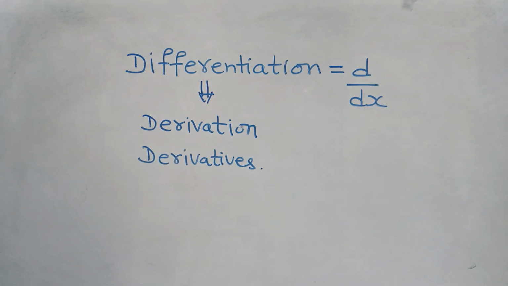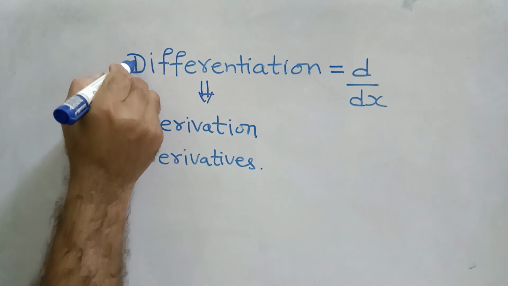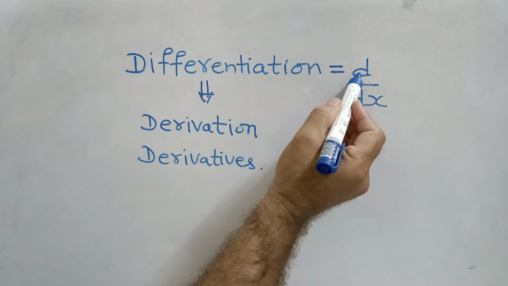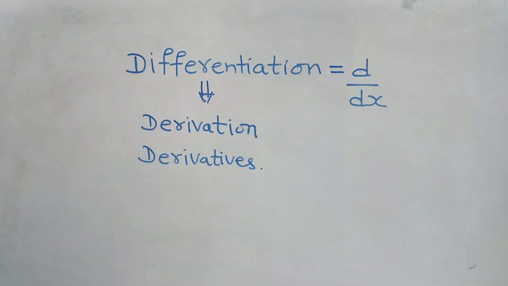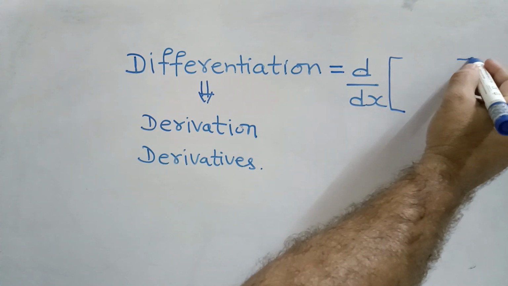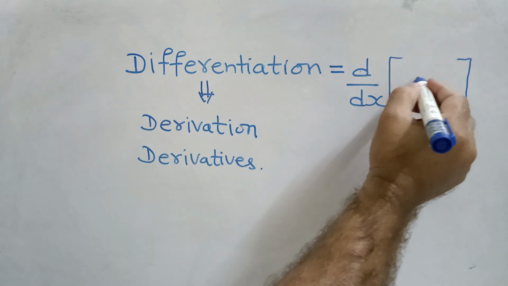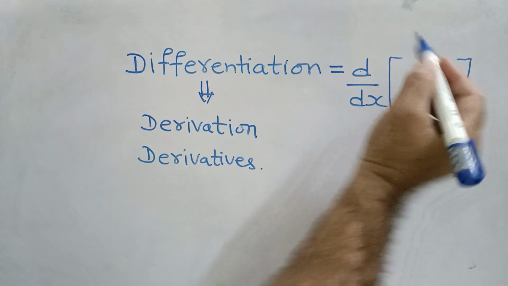The first letter in differentiation is d, that is why we use the d by dx notation, right? d by dx of something. Here the something is any function f.